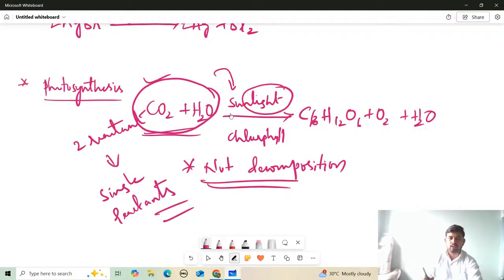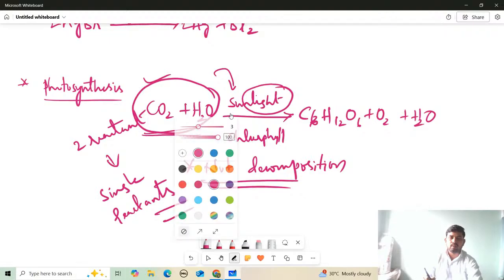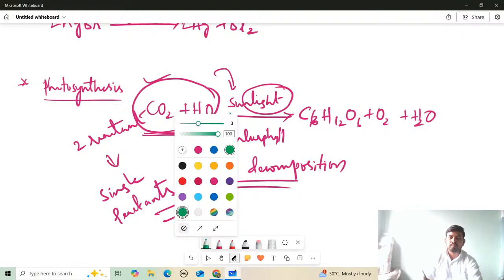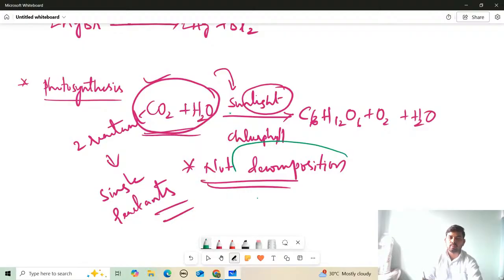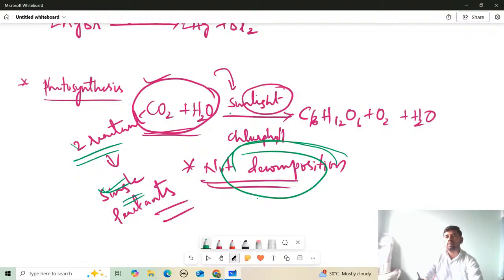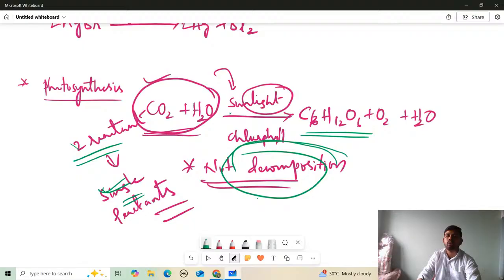Sometimes they will ask why photosynthesis is not a decomposition reaction. Because two reactants are there, while the condition is that a single reactant should be there.